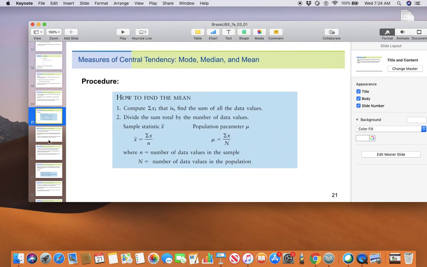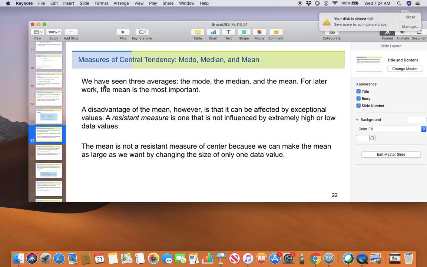Okay, next. We have seen three averages: the mode, median, and mean. For later work, the mean is the most important. A disadvantage of the mean, however, is that it can be affected by exceptional values.